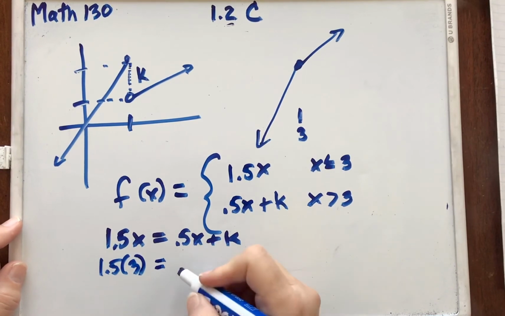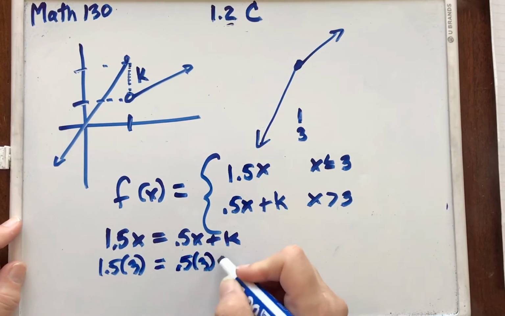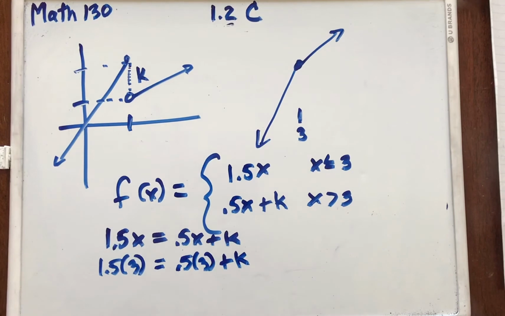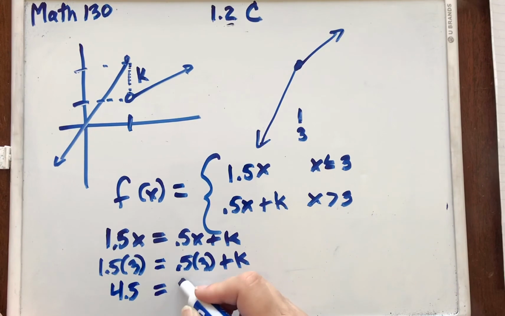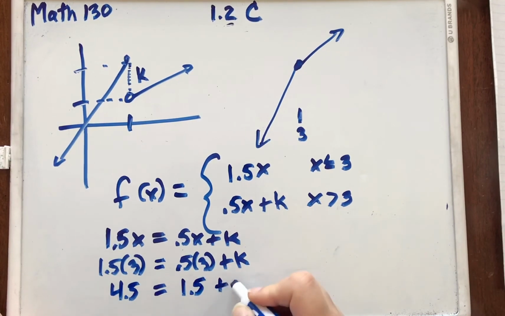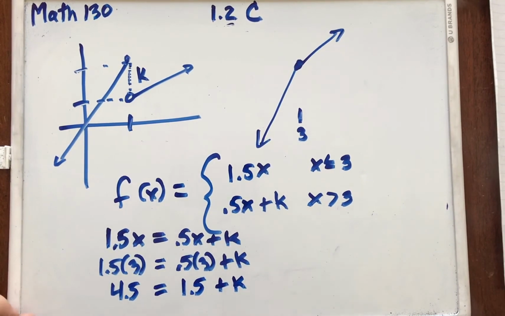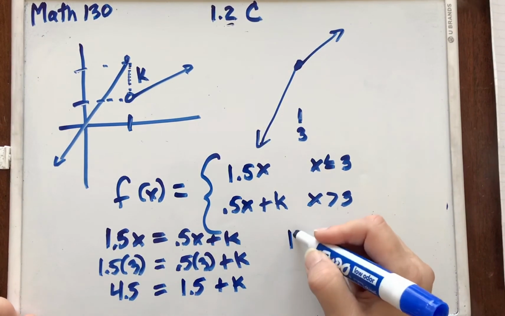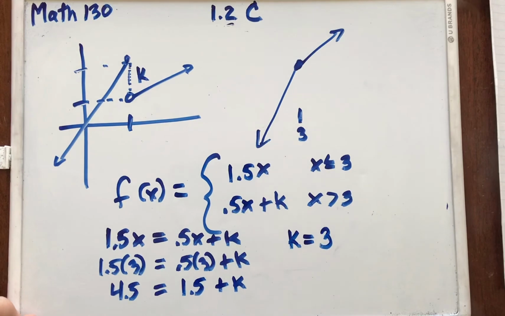Does that in fact equal 0.5 times 3 plus k? It will. We're solving for k now. So 3 times 1.5 is 4.5. 3 times 0.5 is 1.5 plus k. All right, we solve for k, we subtract 1.5 from both sides, and k equals 3.